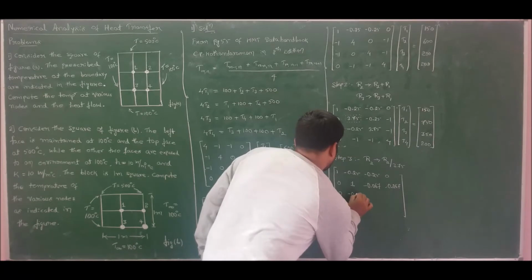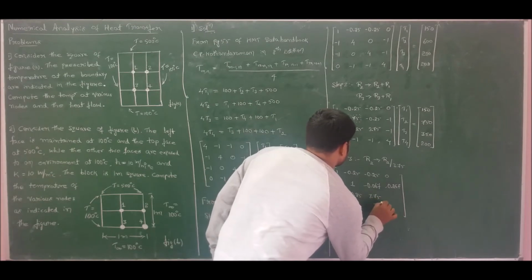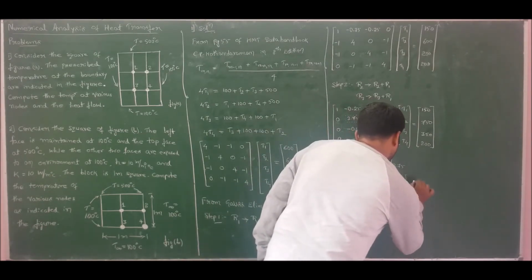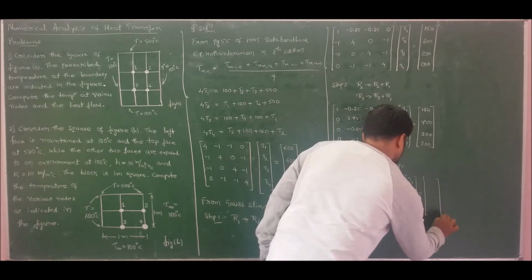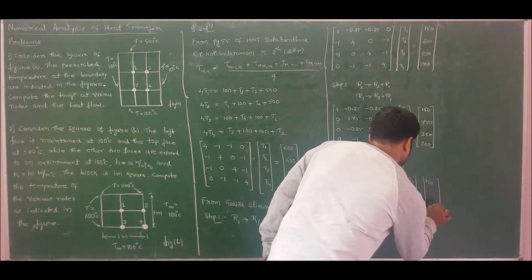We have R3 and R4 remains as it is. 3.75, minus 1 and 4. So here I have T1, T2, T3 and T4, which is equal to 150, 350 and 200.